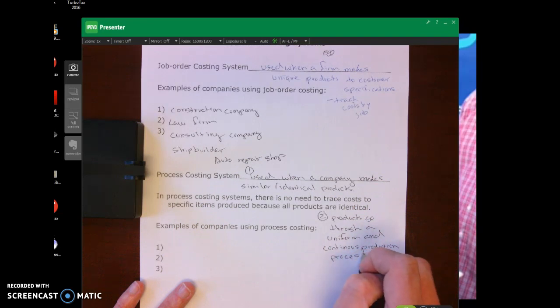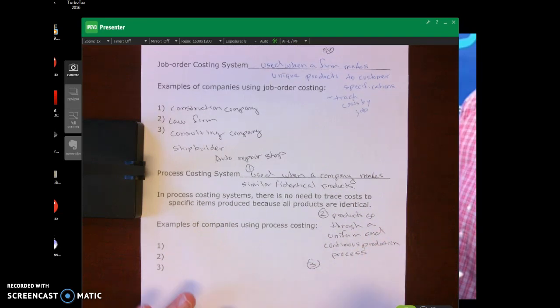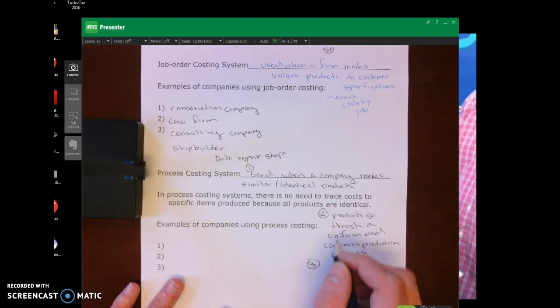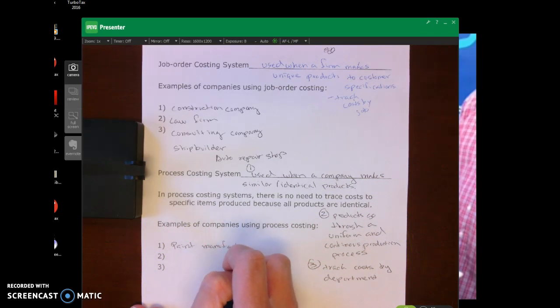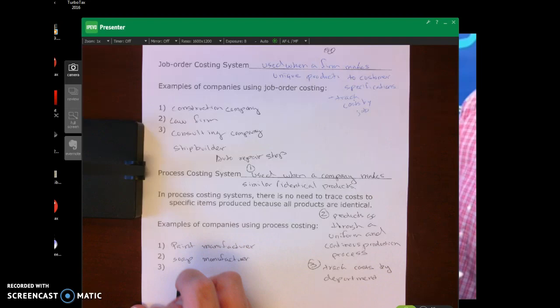And then the final characteristic with process costing systems is that we track costs by department. Okay? When we look over here and talk about some examples, we could say a paint manufacturer. Okay? We could say a soap manufacturer. And then finally, we could also say a cement manufacturer.